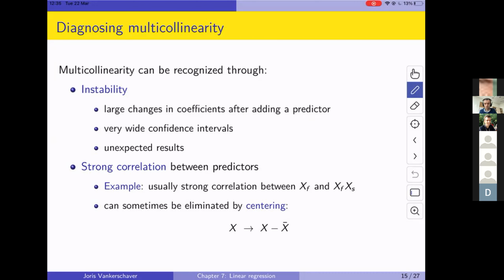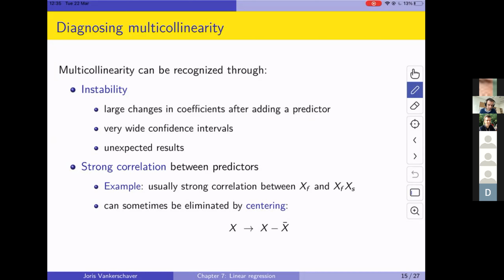And what you can do in that case is center the variables. What we mean by that is before fitting the model, you take your predictors and subtract the mean from each variable.